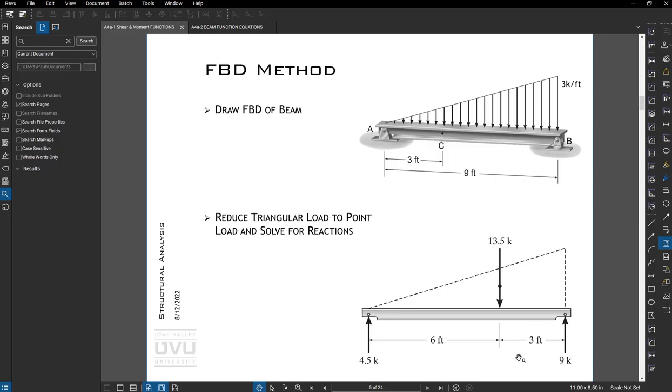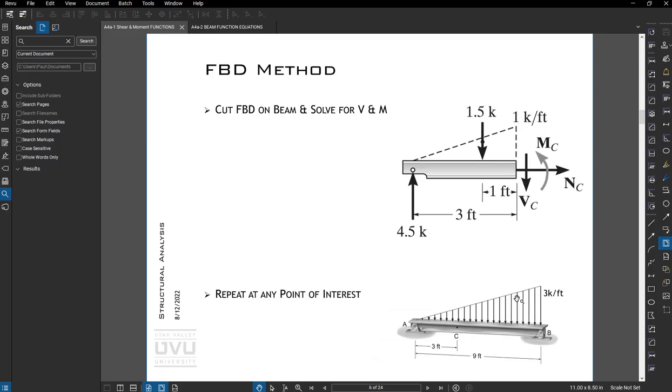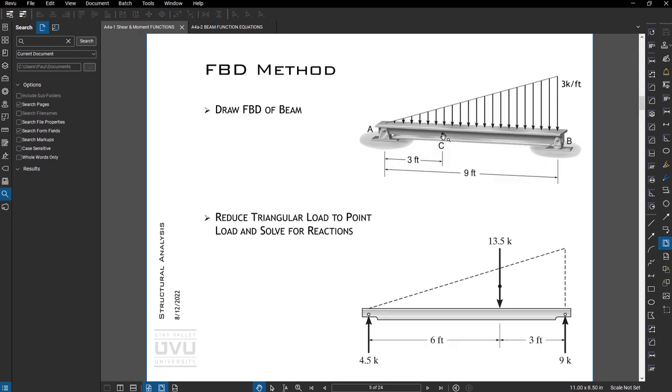So sum of moments about here, sum of moments about here, and sum of forces vertically gives us a check on our math. Then we take our member and cut it at point C, because someone has decided that's where we're interested in finding the moments, shears, and axial forces.